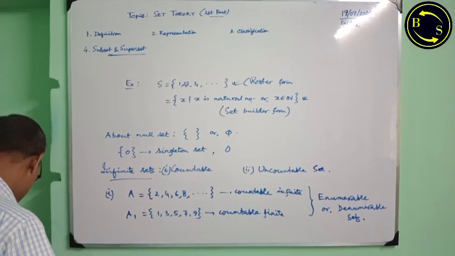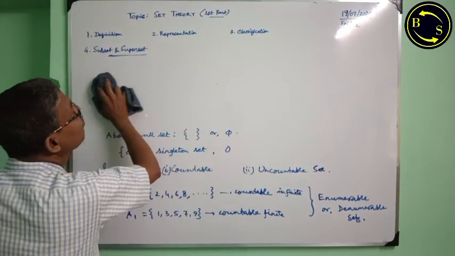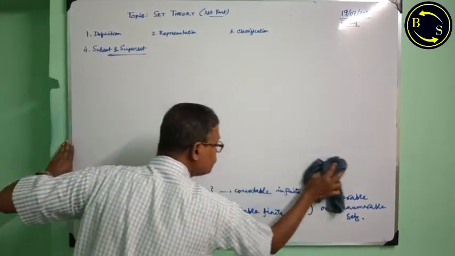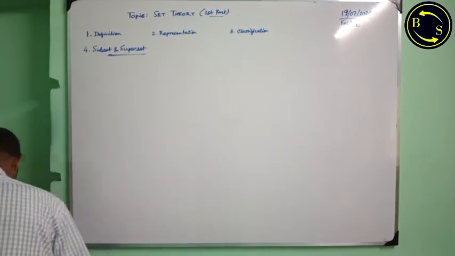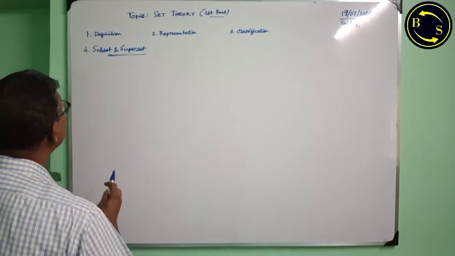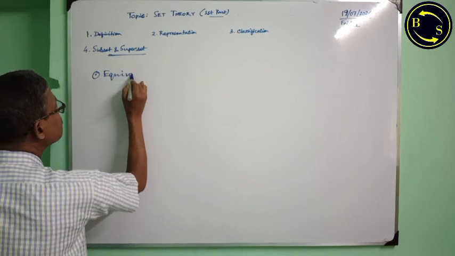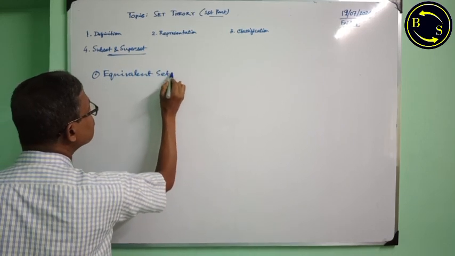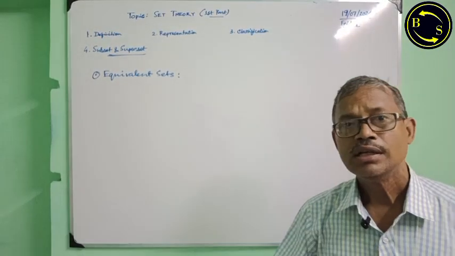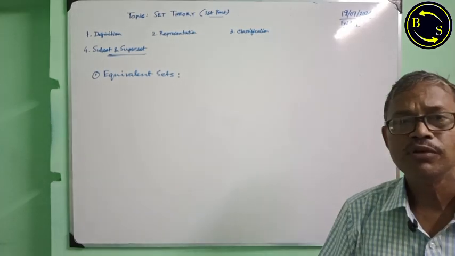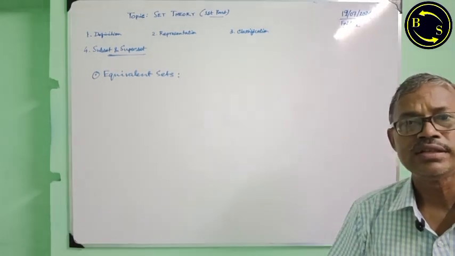Now we move to compare two or more sets. Equivalent sets. If two or more sets have the same number of elements, same number of members, then we call those sets equivalent.